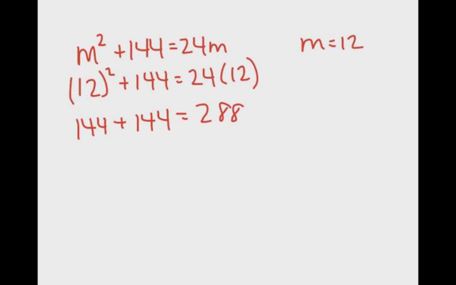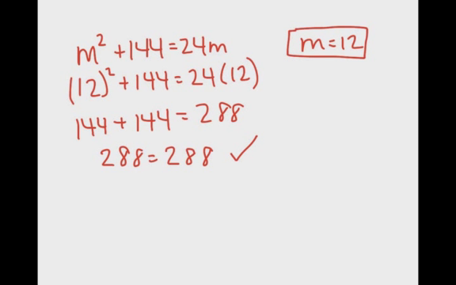Now let's add 144 plus 144, and that equals 288, and 288 definitely equals 288, so that checks, and we know that our m equals 12 is in fact the correct answer.